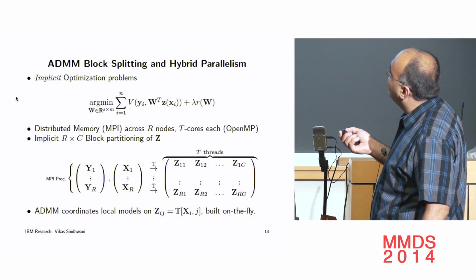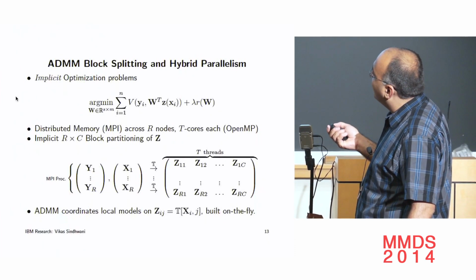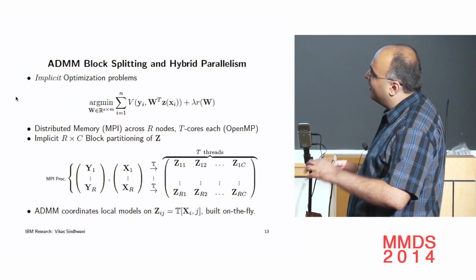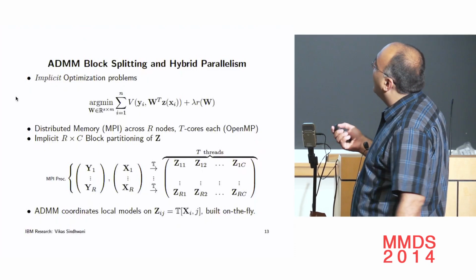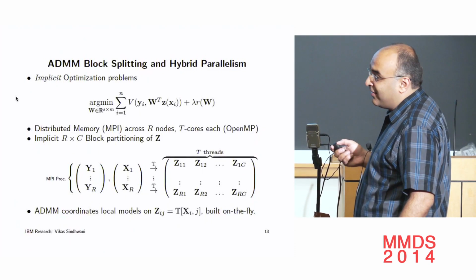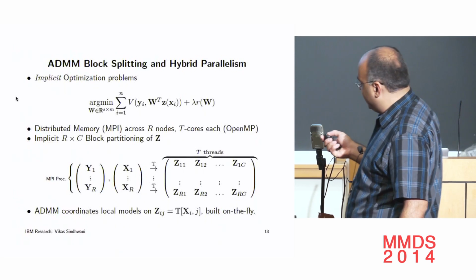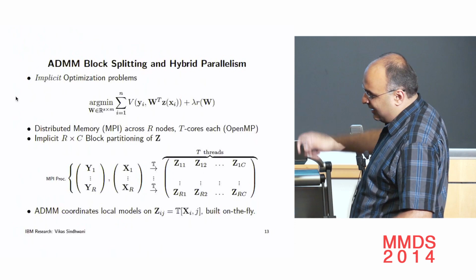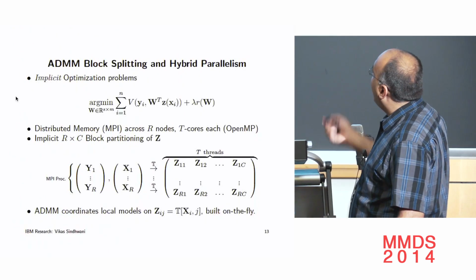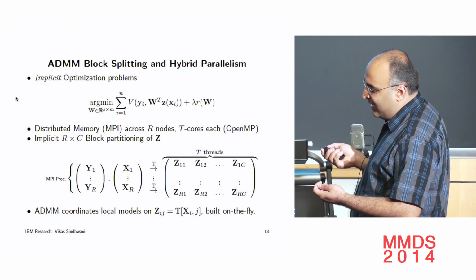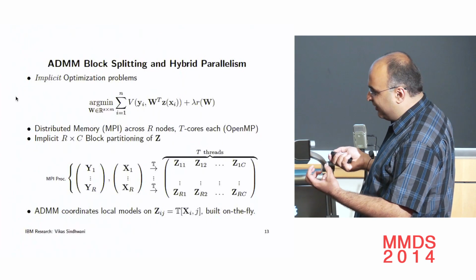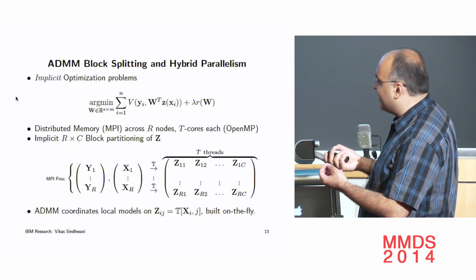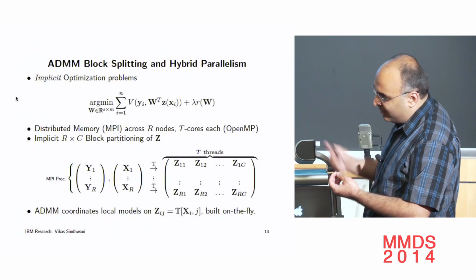So the way we proceed is to chunk up the data y and x by rows, and each block of rows will be owned by an MPI process. And we will do on-the-fly transformations from the data x to z, and we will think of z implicitly as being block partitioned, and each zij, a block of z living on node i, where j indexes the columns, will be allocated to some thread.